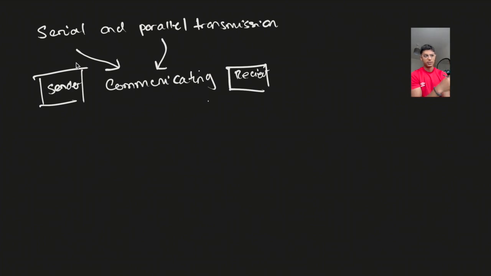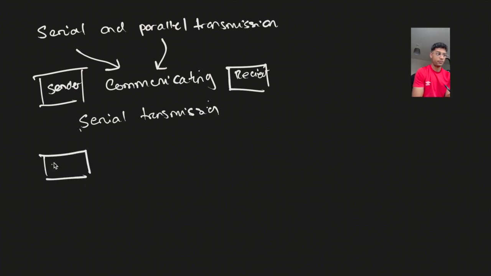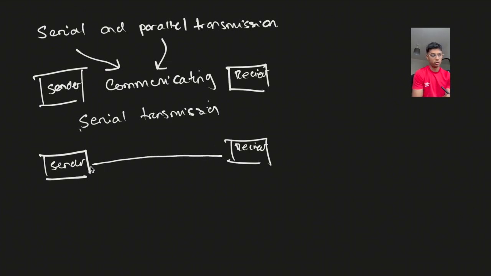So specifically in a serial transmission, you have, as usual, a sender and a receiver. I'm going to write that down here. And in a serial transmission, there's only one connection between these two entities. There's one connection which is responsible for the information to be sent across.